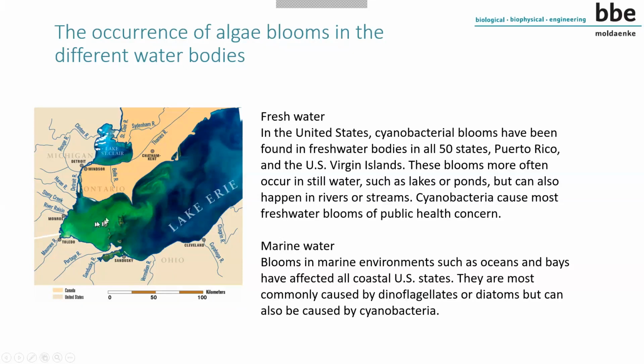You will find them mainly in fresh water, but you can see also that they come up in marine water. We have other algae which are very common in marine water, but more and more you also find these cyanobacteria in marine waters. So for example, at the coast of Florida, we now have measuring stations where they survey the upcoming cyanobacteria blooms.